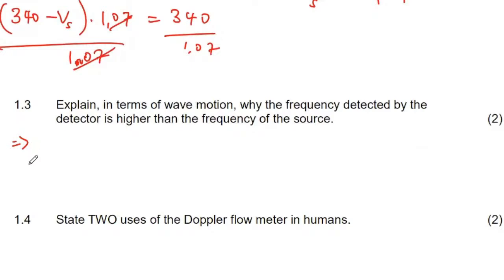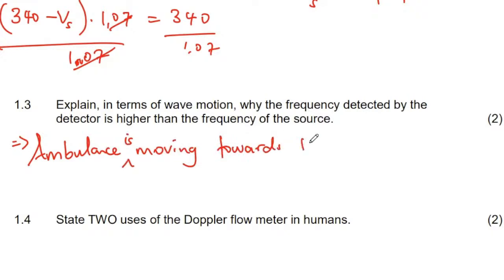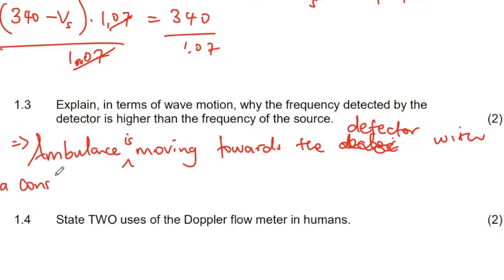So we can say that the ambulance is moving towards the detector, or the listener, with what we call a constant velocity.